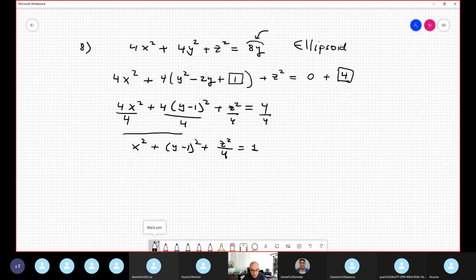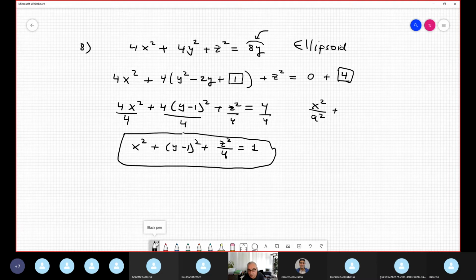Okay, entonces identify perfectly my ellipsoid, because the standard formula for any ellipsoid is x squared divided by a squared plus y squared divided by b squared plus z squared divided by c squared equals 1. a is 1, b is 1, and c is 2. It's square root of 4.